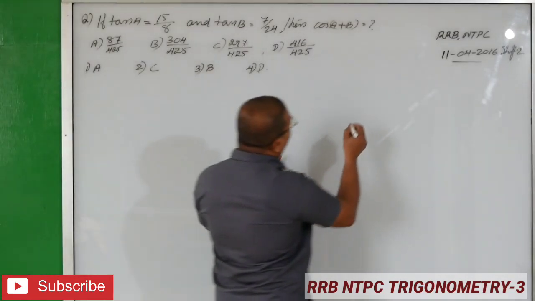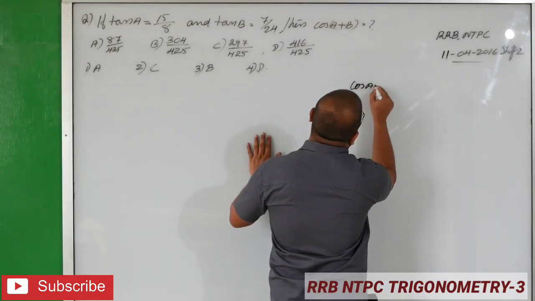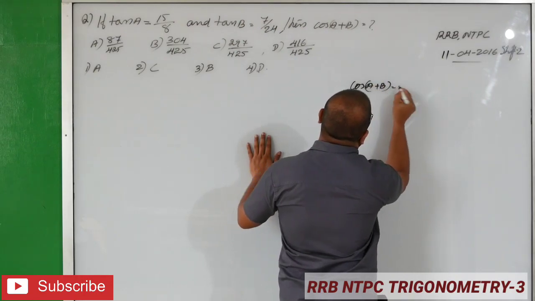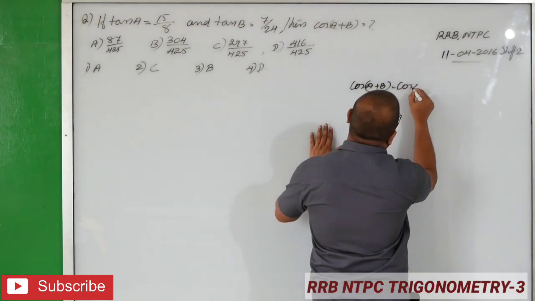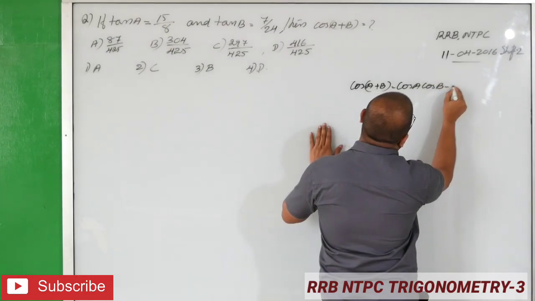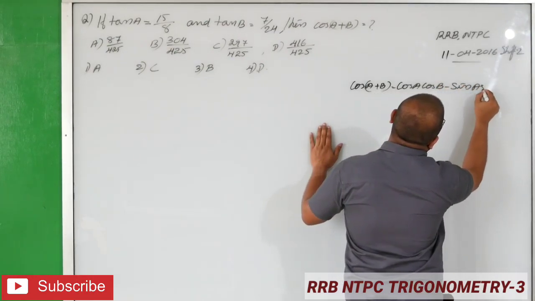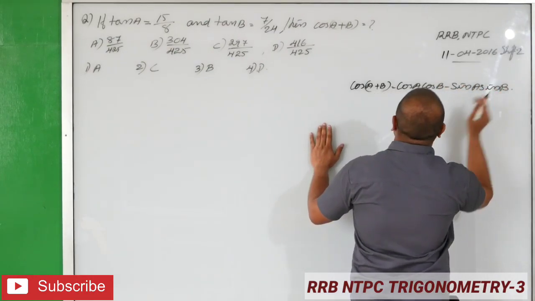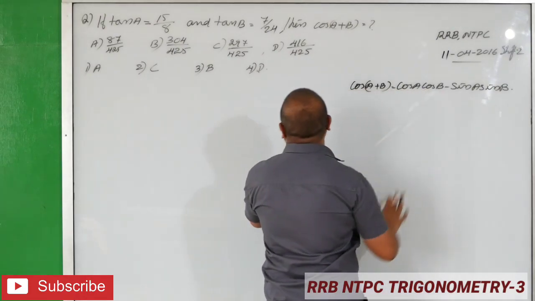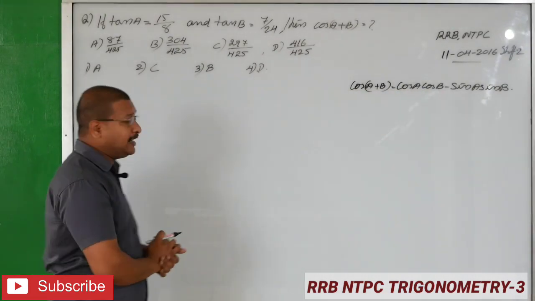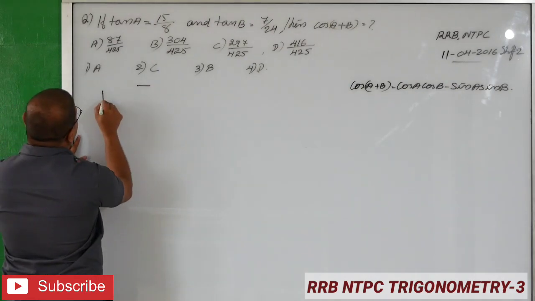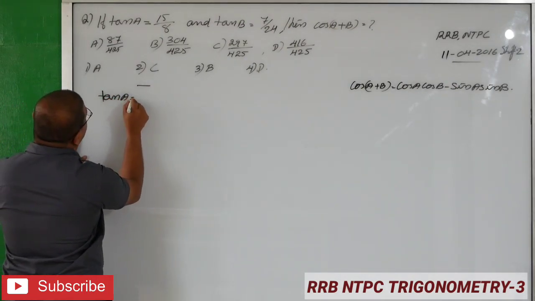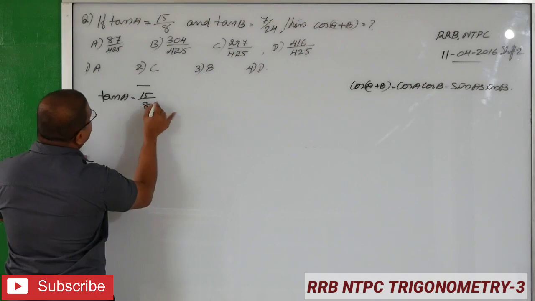We know cos(A plus B) equals cos A cos B minus sin A sin B. But cos A, cos B, sin A, sin B are not given directly.